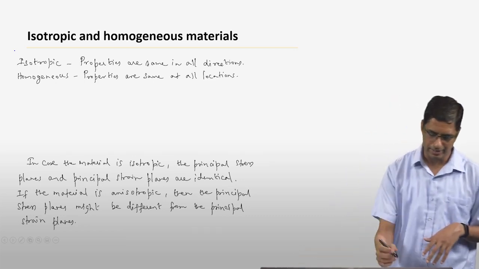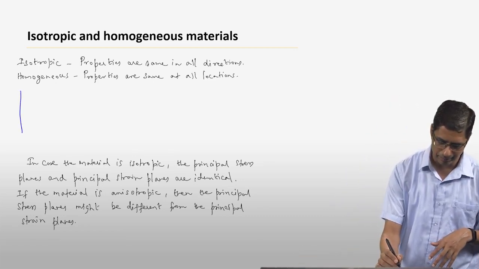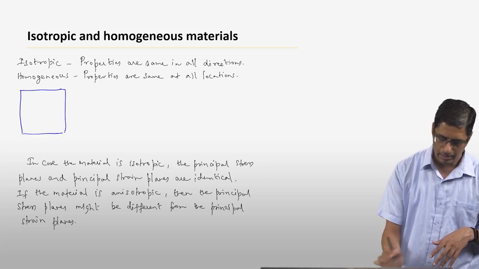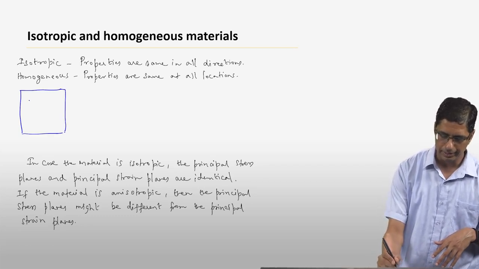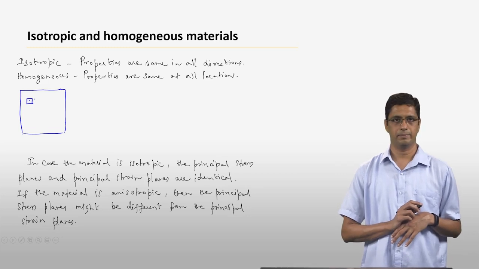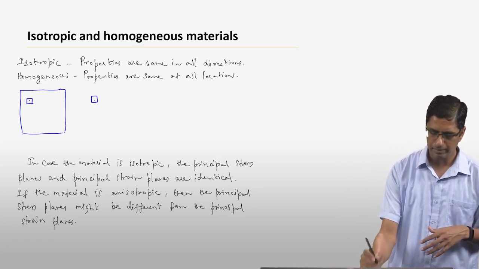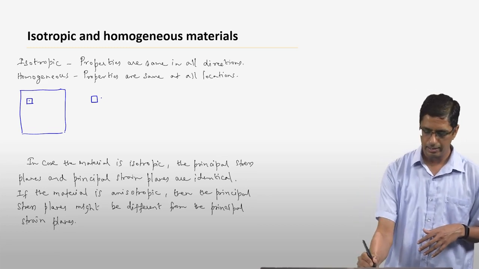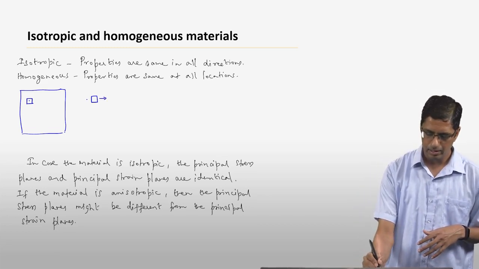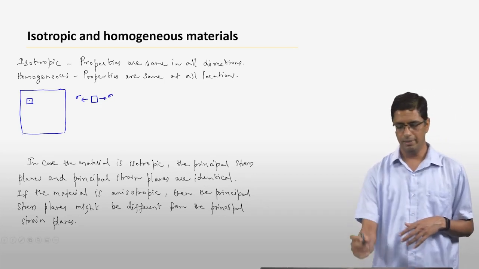The way you can think about it is, suppose you have a body, and I choose one location here. I take a small piece of material out of that location, and then I measure the Young's modulus, for example, in the x direction.